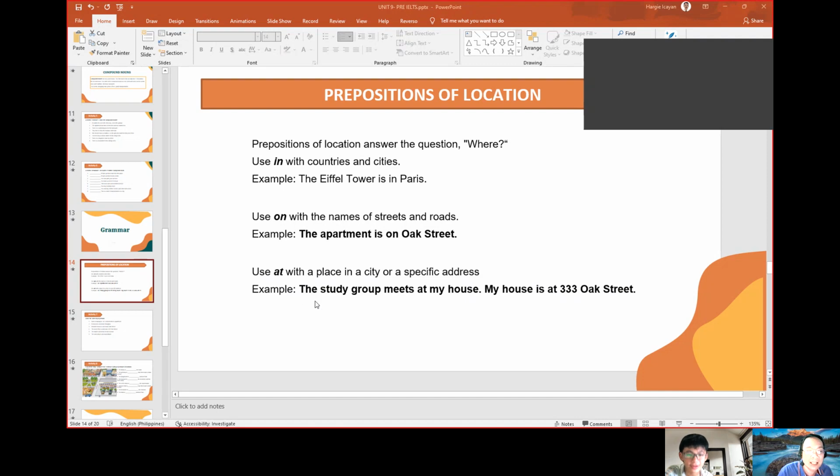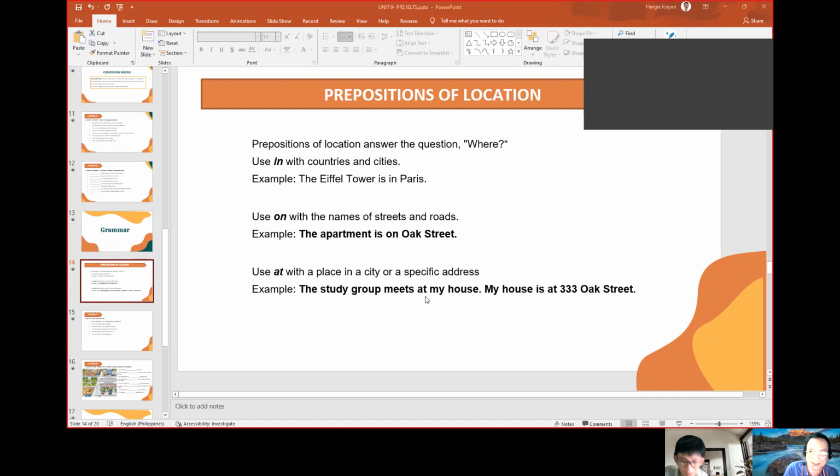For example, the study group meets at my house. So it's a specific place, therefore we have to use "at". Or we can also say, the group of teenagers are going to meet at my apartment.